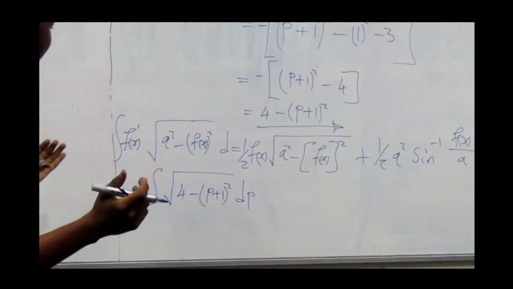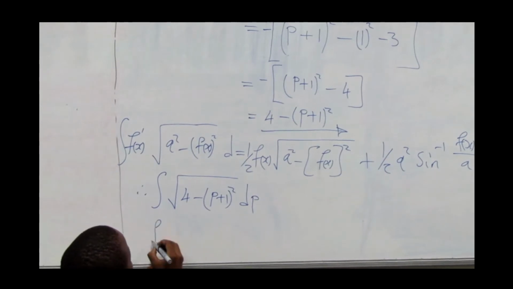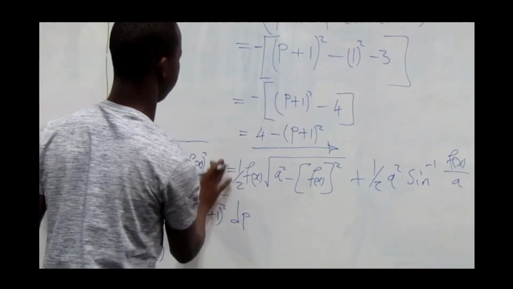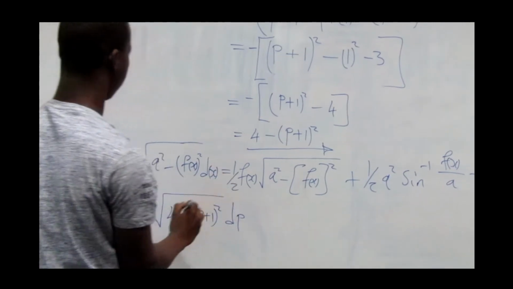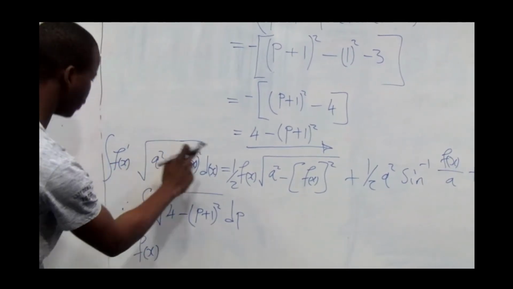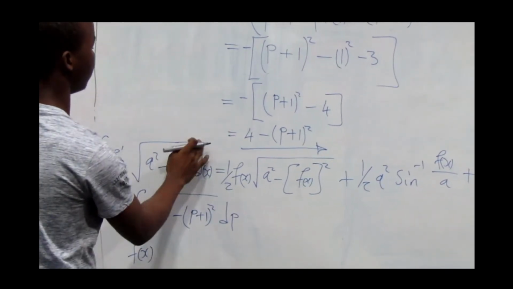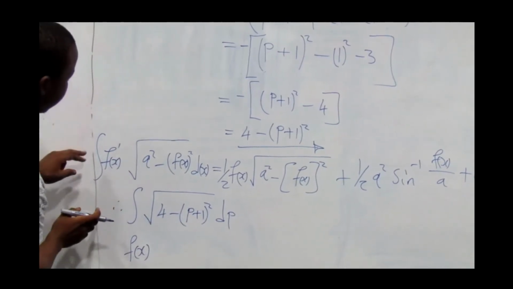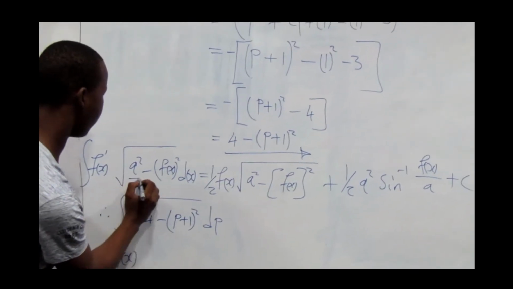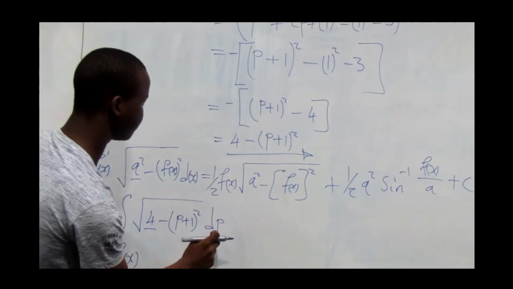How do we determine f of x? When you look at this formula, it says f prime x, a square minus f of x the whole square dx, and if you look at our equation, it does correspond, because our a square is 4 and our f of x squared is p plus 1 the whole square, our dx is dp.